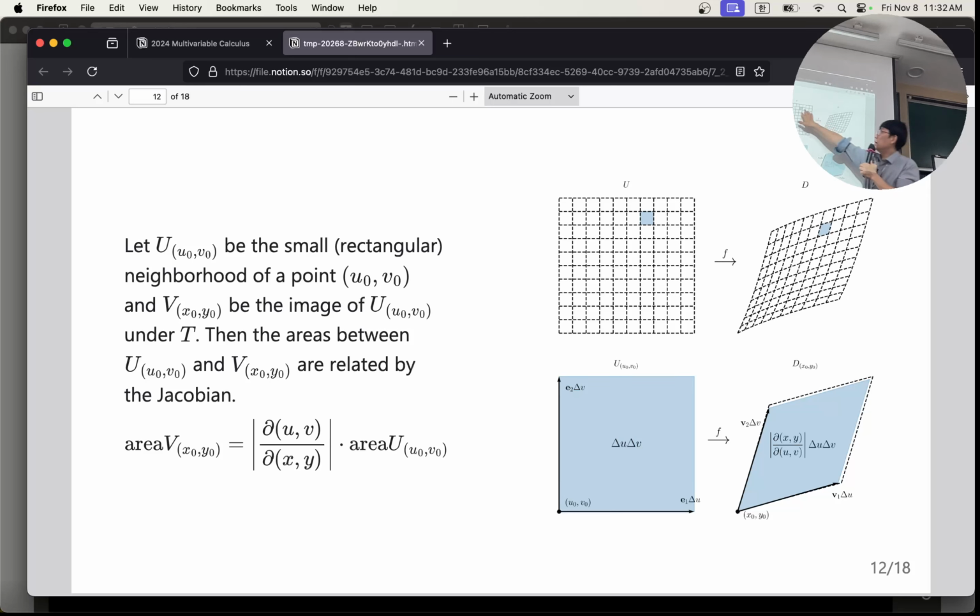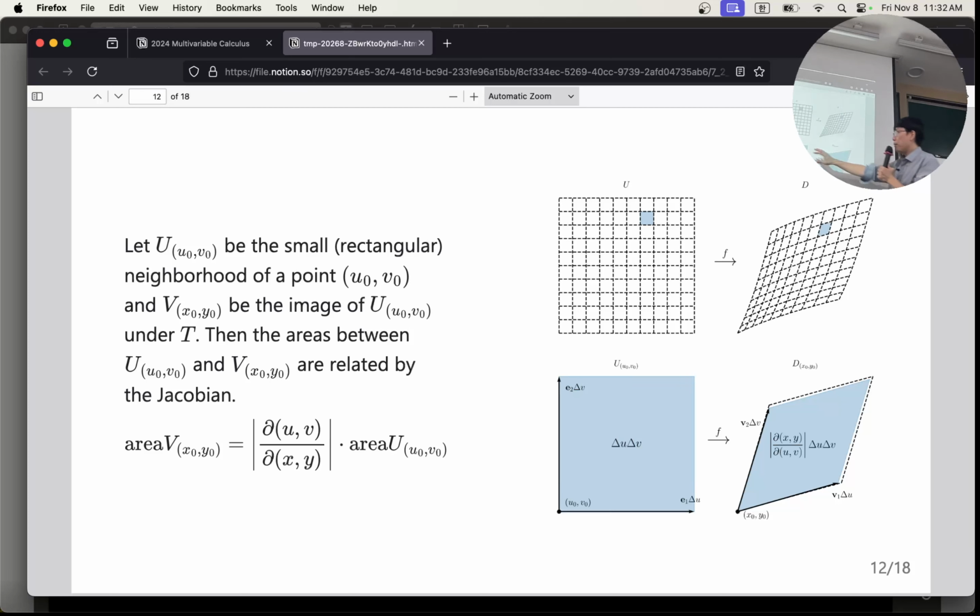Let's take a magnified picture of these colored blocks. When I magnify this, what I see is a rectangle whose horizontal width is delta x and whose vertical length is delta y, because delta x and delta y are the lengths of the partitions.